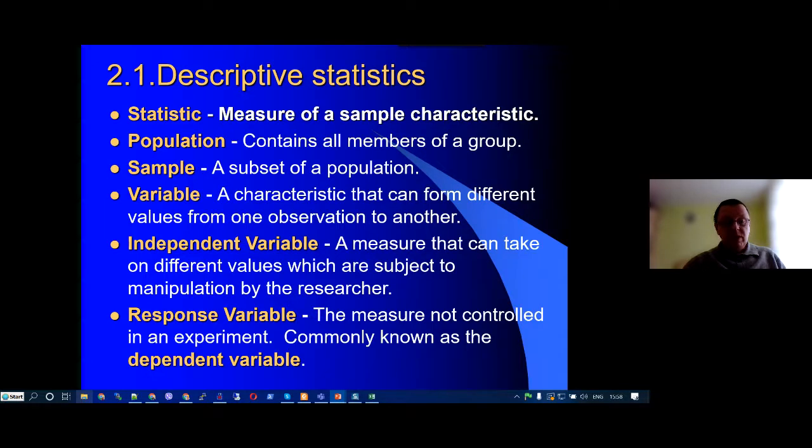In case we measure a population, the independent and response variables will be related to the whole population. When we perform our experiment on a sample, the terms independent and dependent variable will refer to our sample data, for sure.